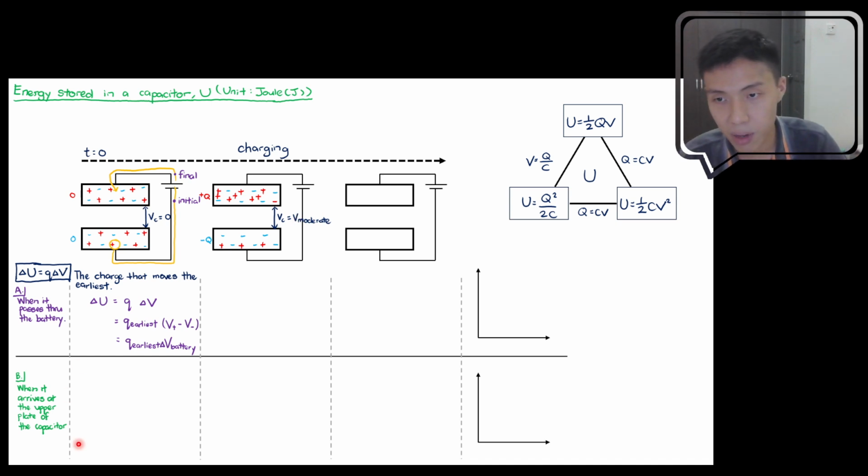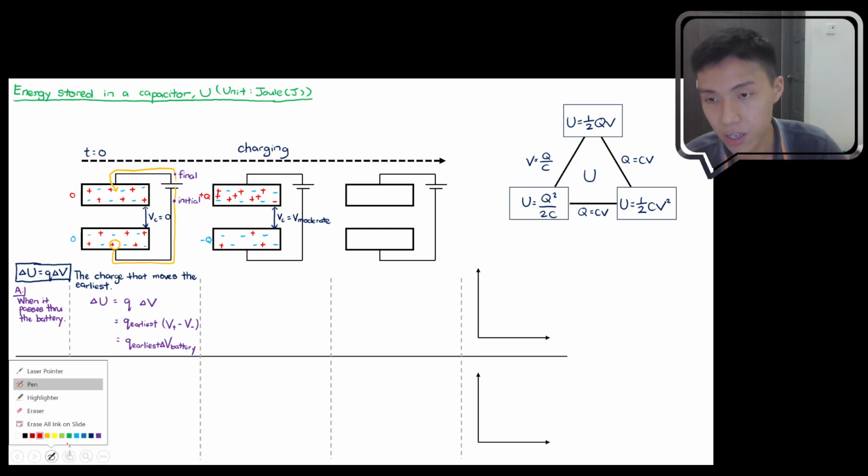Okay, so right now I'm going to investigate the charge that moves a bit later. 3 charges have already moved upwards. Now I'm focusing on what's happening to the 4th charge. Maybe I shouldn't draw this charge because it technically has moved already. Let me look at another charge. Let's say I'm focusing on this charge.